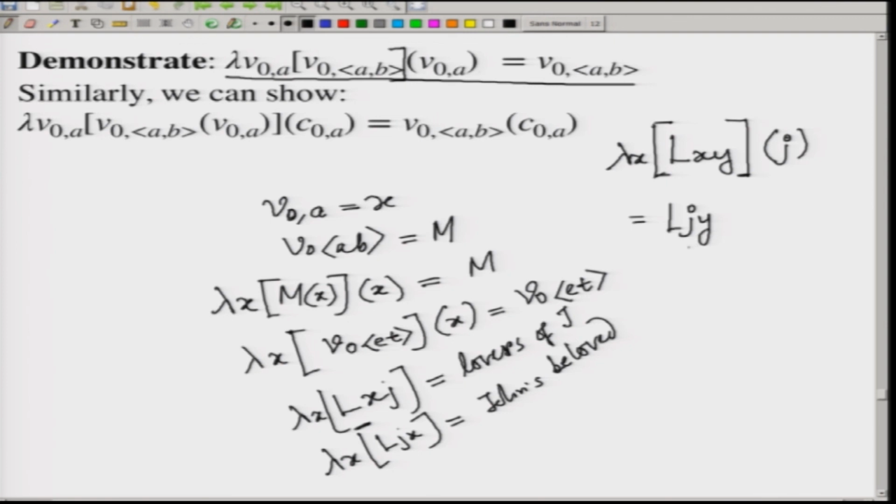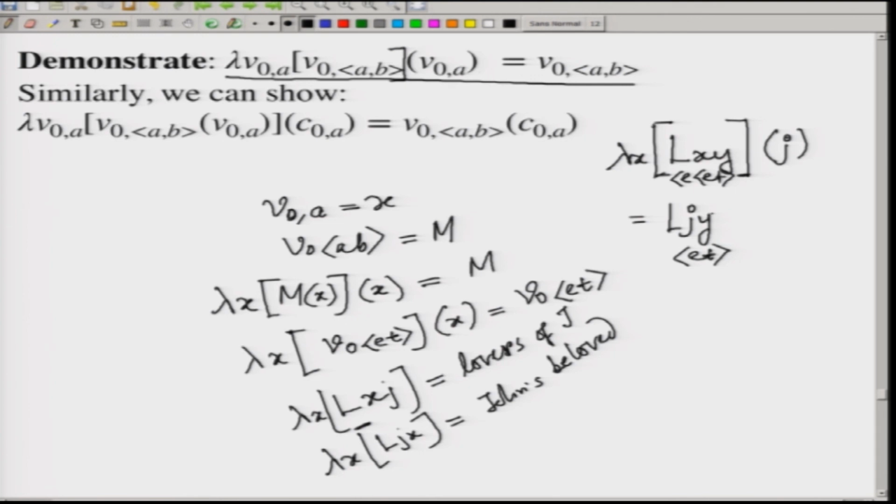Now, what is the type of it? Once again, it is unsaturated. L was e to t and x was e, so it is now e to t. It is unsaturated because L j y wants something. Basically it says that John loves y, but what is y? Only when y has got a value or some value replaces y can we have this.